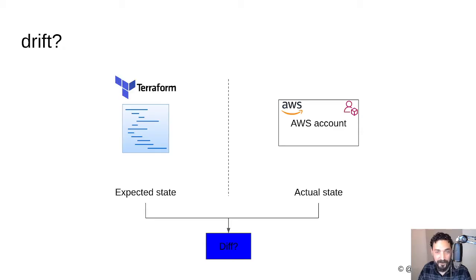So according to this definition, your AWS account has a ton of actual resources, that's on the right, and maybe only part of it is correctly managed by Terraform, and that's the left part of this slide. And basically the diff between the two, the diff is the drift.